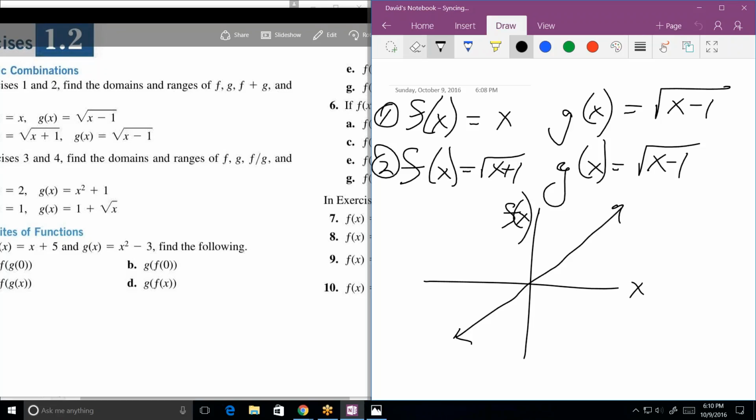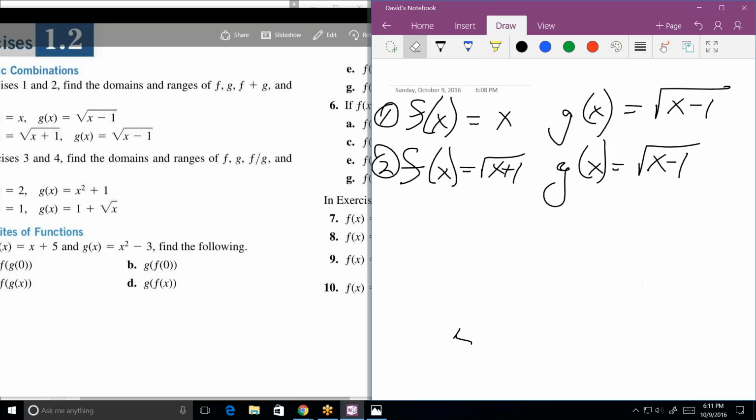Correct. Okay, now the second one, the g of x, is actually a little easier to figure out by looking at it algebraically. What is the restriction on g of x in 1?